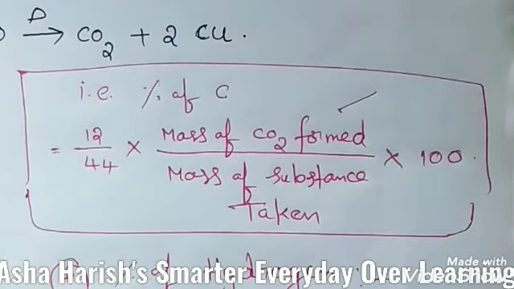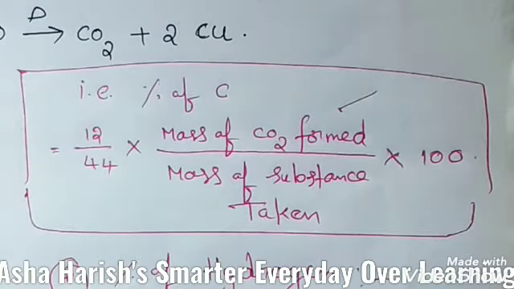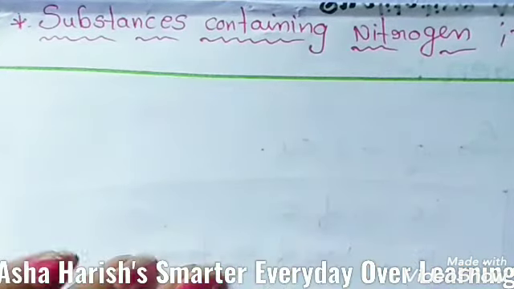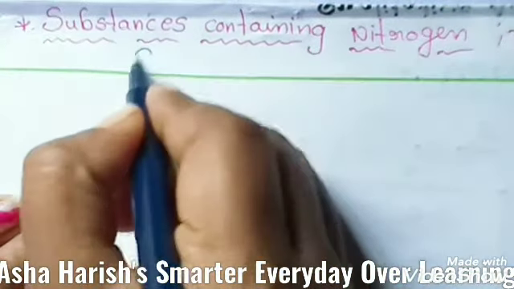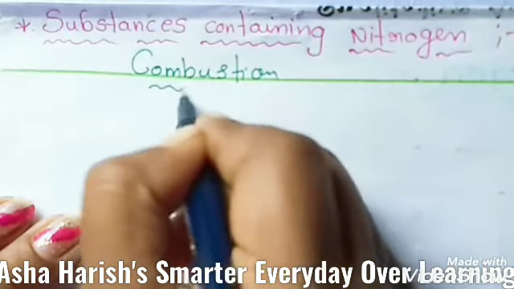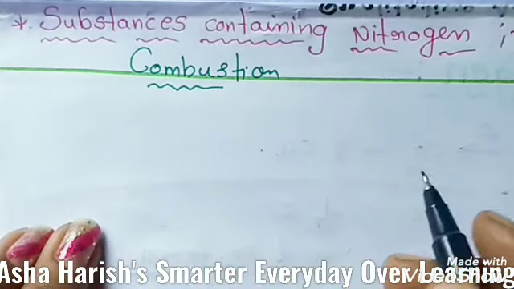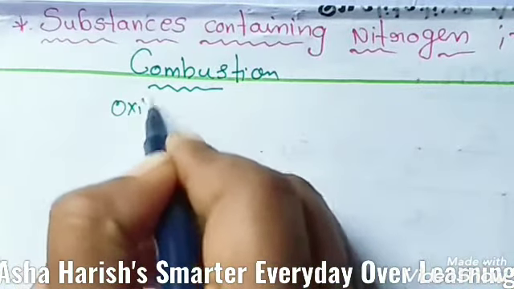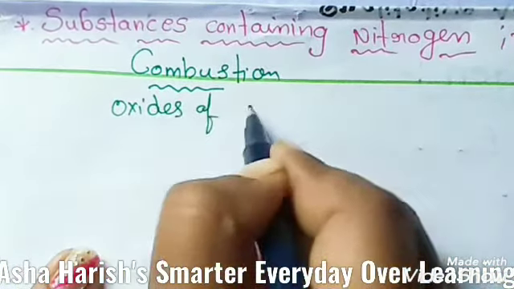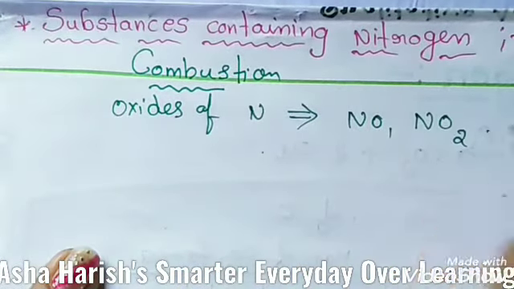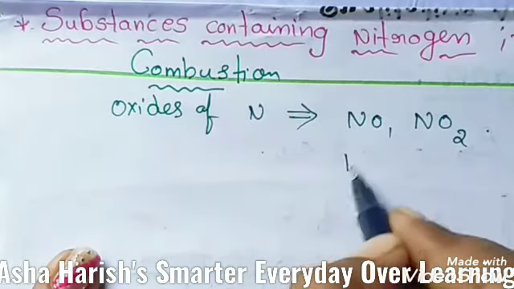Here students, in some cases there are modifications under specific conditions. Let's see what they are. Substances containing nitrogen: under the conditions of combustion, nitrogen in the organic compound is oxidized to oxides of nitrogen, NO and NO2, which are also absorbed in KOH solution.